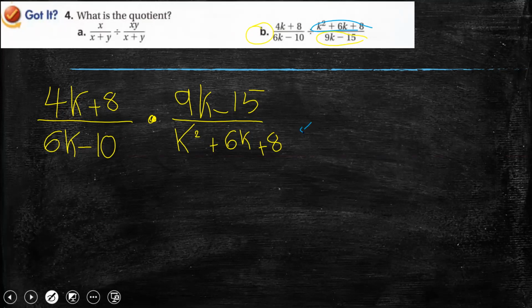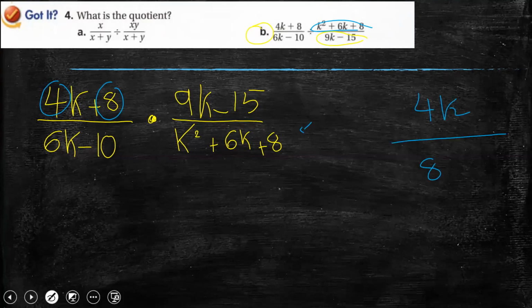Then, after I make this step, they are multiplied. So it's very easy. Look at 4k plus 8. Look at 4 and 8. Can I have a common factor between them? Yes, it's 4. 4 times k, 4 times 2.